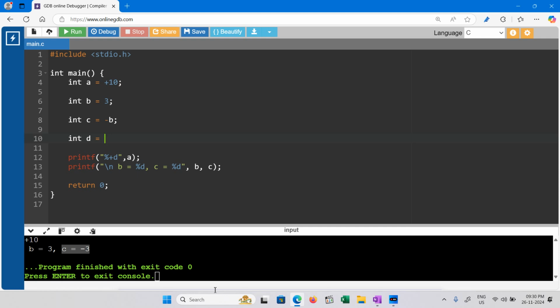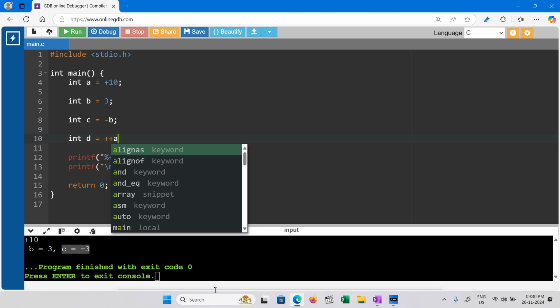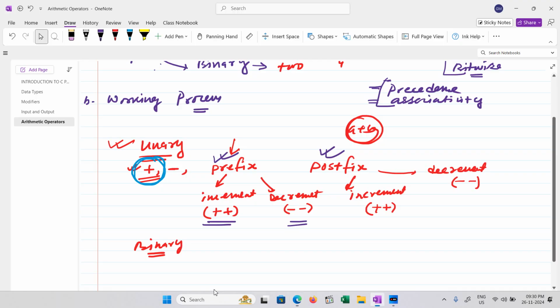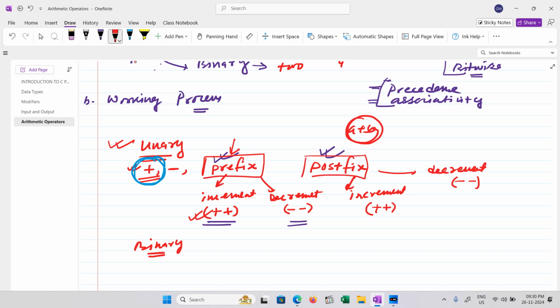Previously you might have noticed that I mentioned increment, represented by two pluses, and increment has two types. One is the prefix, another is the postfix. Okay, so now look at here.